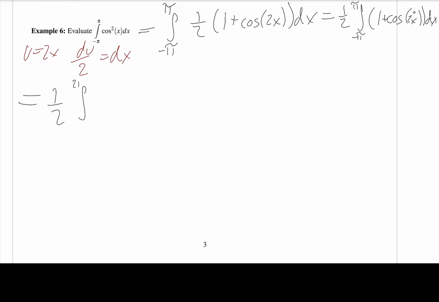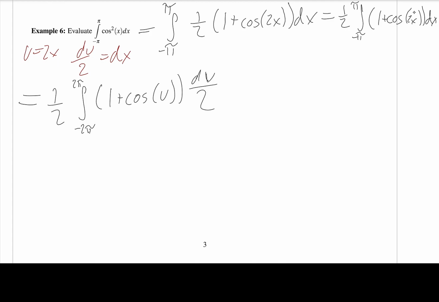So this becomes negative 2 pi to 2 pi. And then I should have 1 plus cosine u du. Actually, dx is equal to du over 2, so there should be a du over 2 right here.